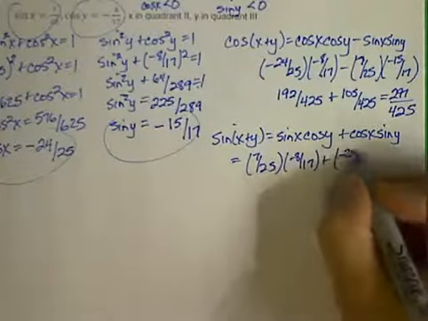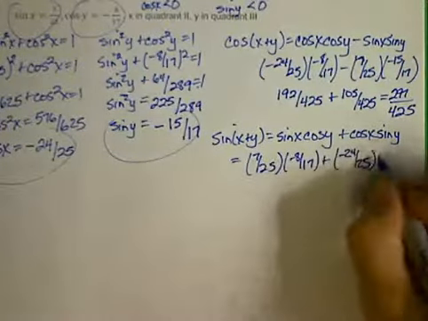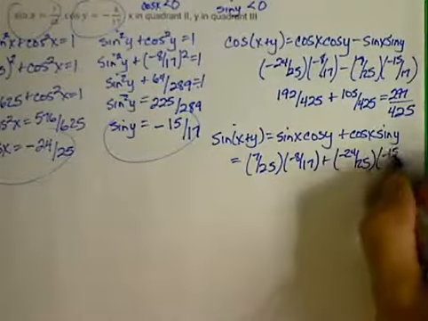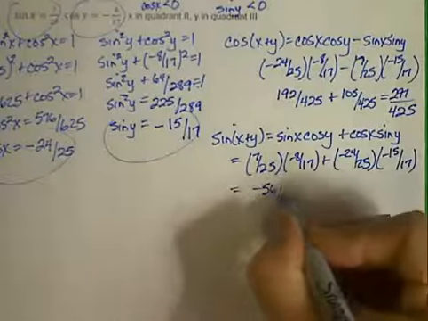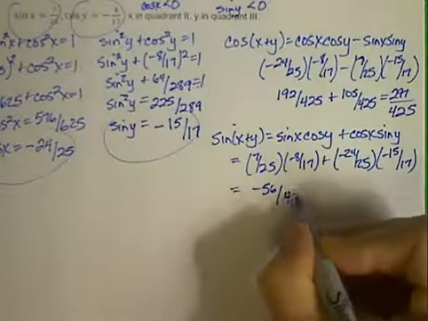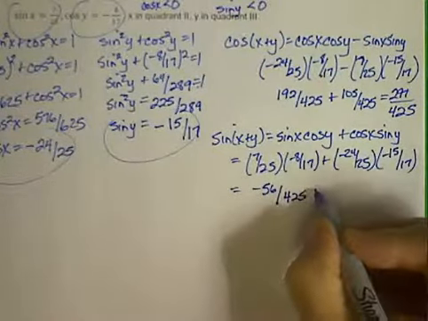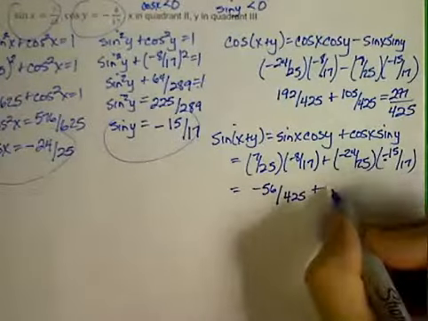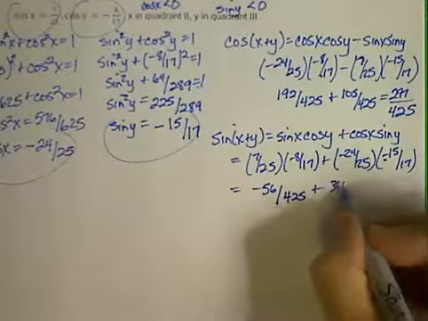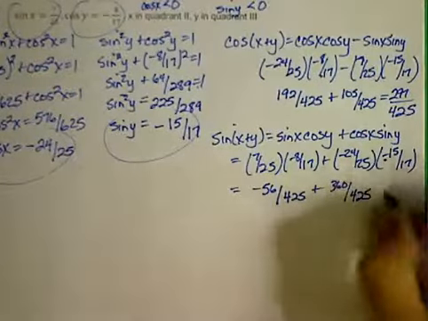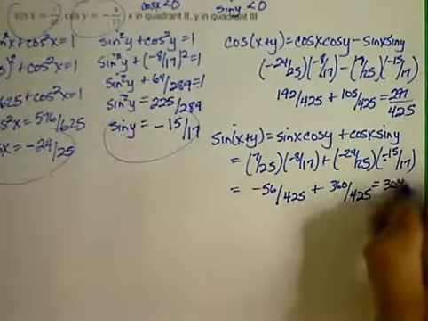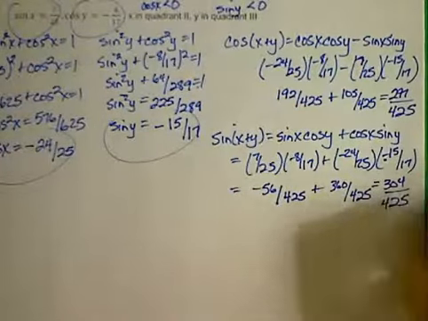Cosine of x is negative 24 over 25, and the sine of y is negative 15 over 17. We multiply these two together, we get 56 over 425. When we multiply these two together, we get a positive 360 over 425. Combining these two, we get 304 over 425.